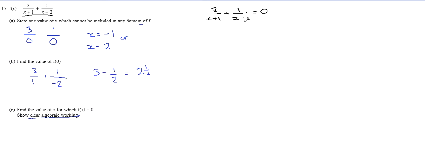Now we have algebraic fractions that we need to add, and we do that by making a common denominator. So this fraction here on the left, I'm going to multiply by x minus 2. And if we multiply this one on the right by x plus 1, now you're probably thinking, why has he put a 1 outside the bracket?